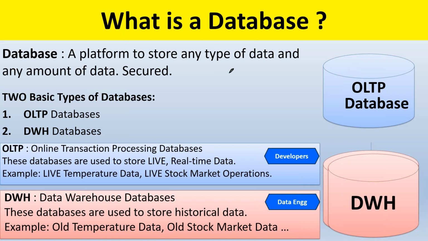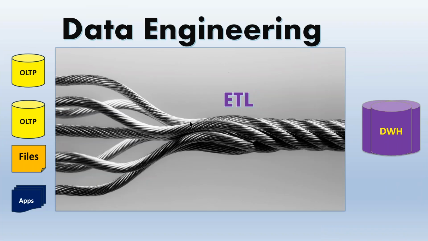So in a data engineering environment, we read data from various sources like apps, files, and OLTP databases, and derive the data warehouse using ETL processes, ETL techniques. Let's understand the ETL techniques involved in our Fabric engineering.